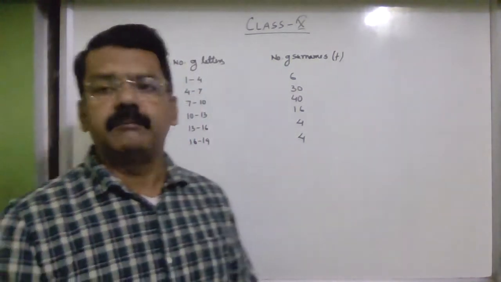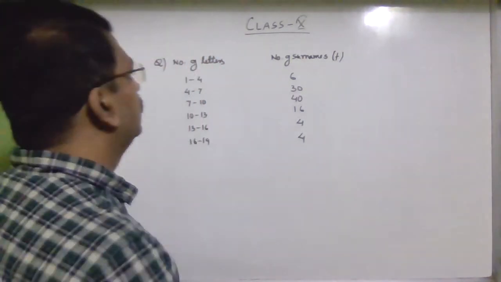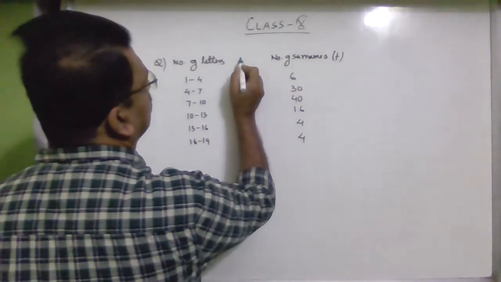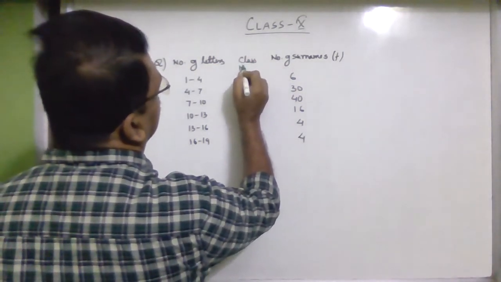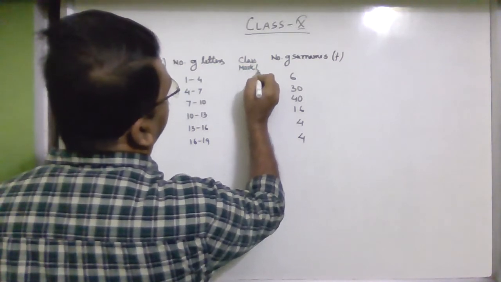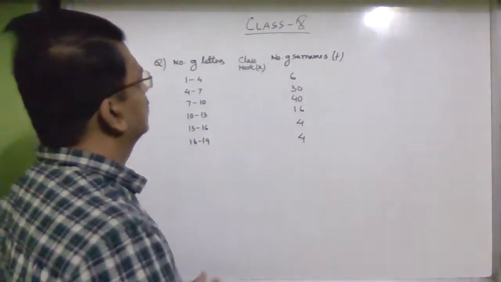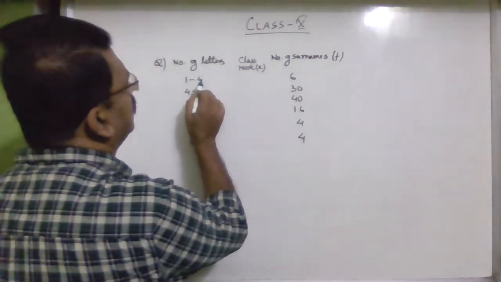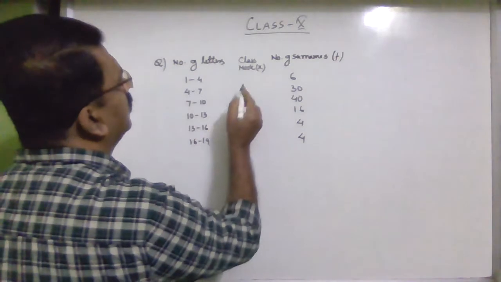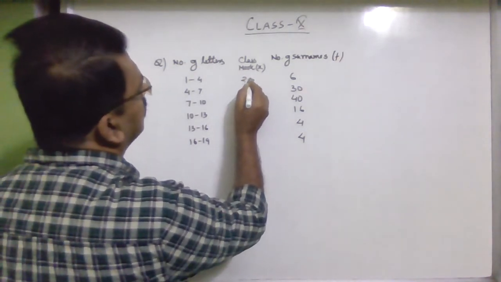So to find the mean, first of all, you write down the class mark. And you know that we denote it by x. So 1 plus 4 upon 2, that is 5 upon 2, so 2.5.